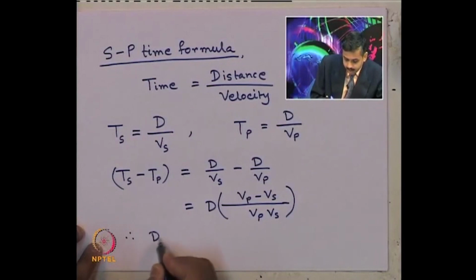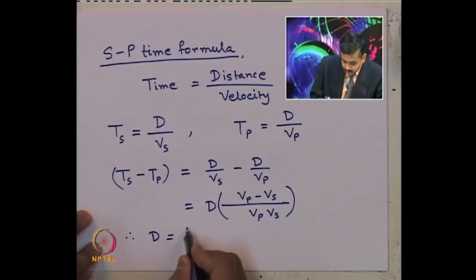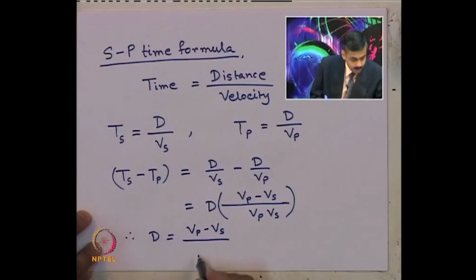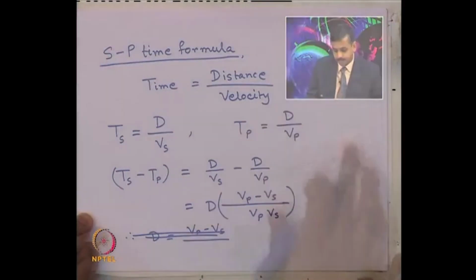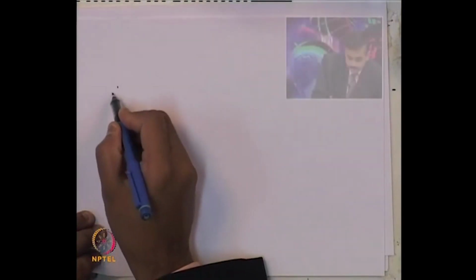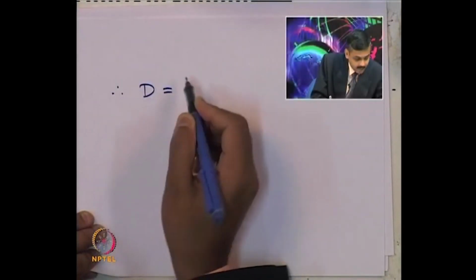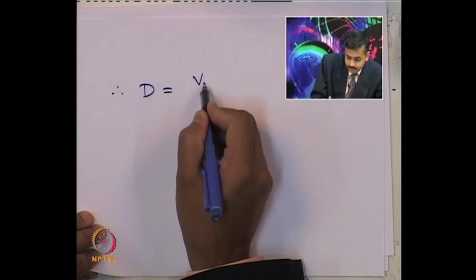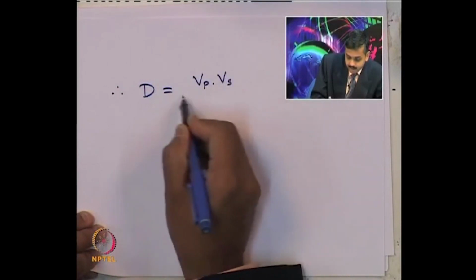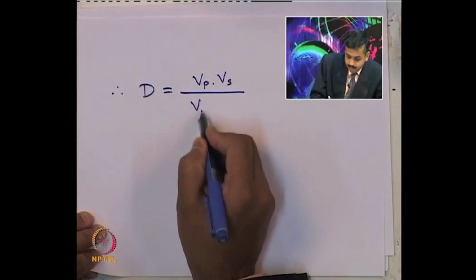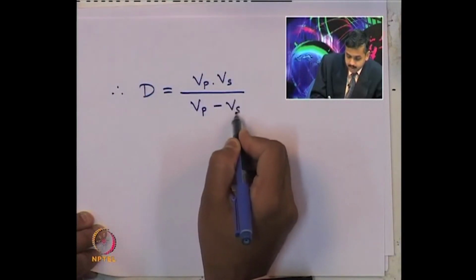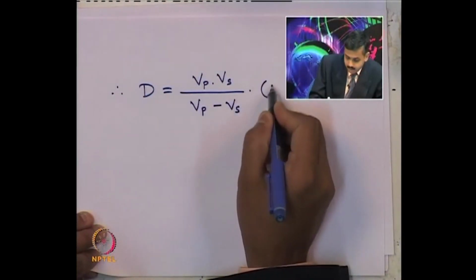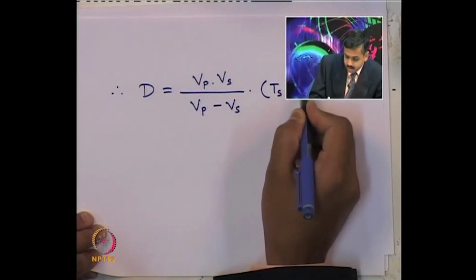Therefore, the distance d can be computed as Vp Vs by (Vp minus Vs) times (Ts minus Tp).